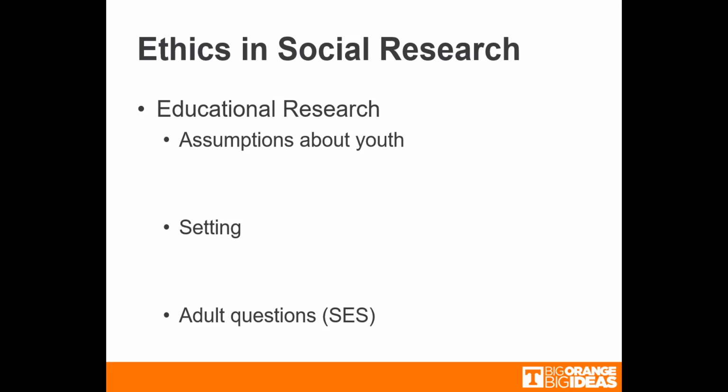Schools do have sensitive information that they can use within their research. One example would be the socioeconomic status of the parents. If you have kids eligible for free and reduced lunch, the school has that information, so they have an idea of parents that are of lower socioeconomic status versus parents that are of higher socioeconomic status.